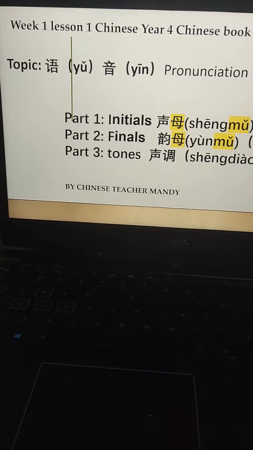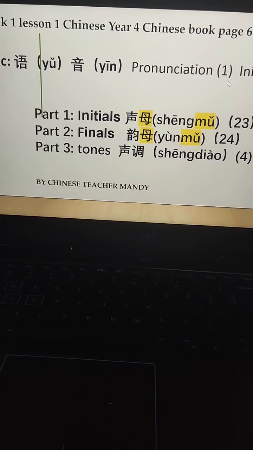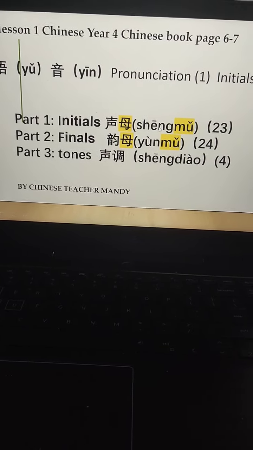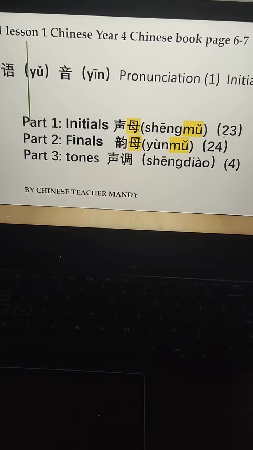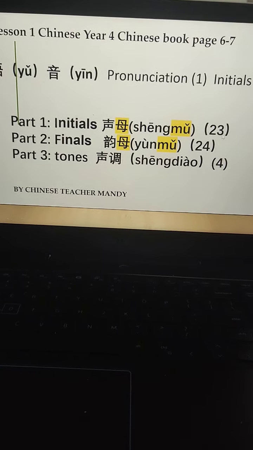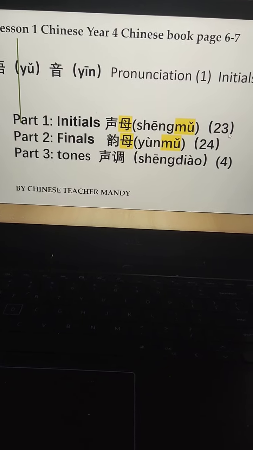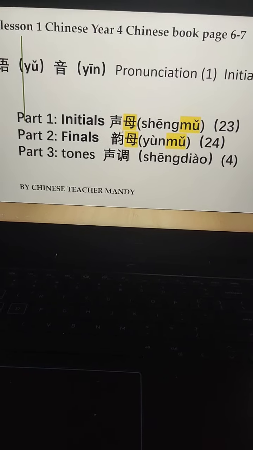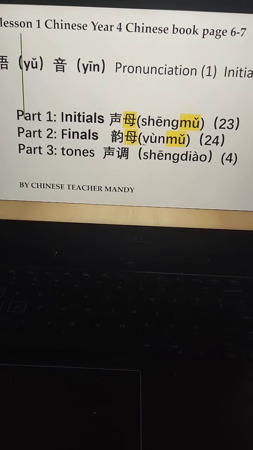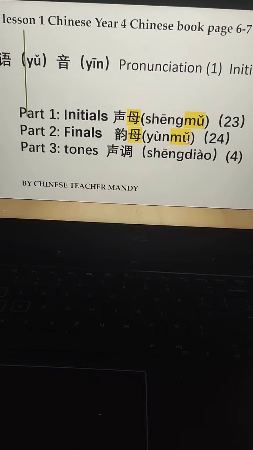The part 1 will be initials. In Chinese we call it 声母. In total in Chinese pinyin it has 23 initials. Part 2 will be finals. In Chinese, 韵母.